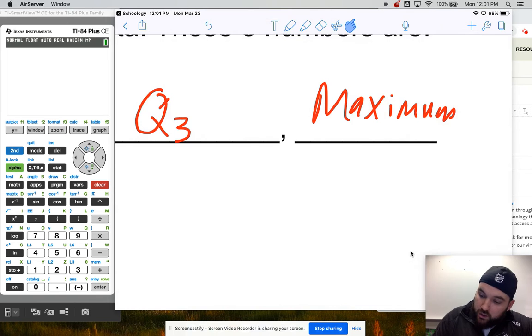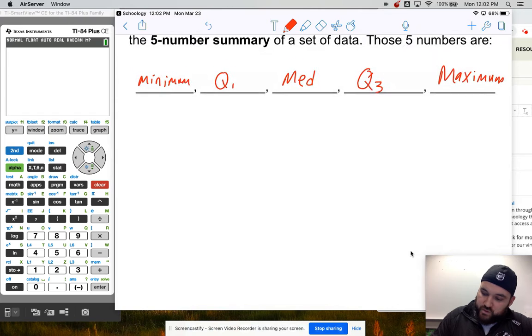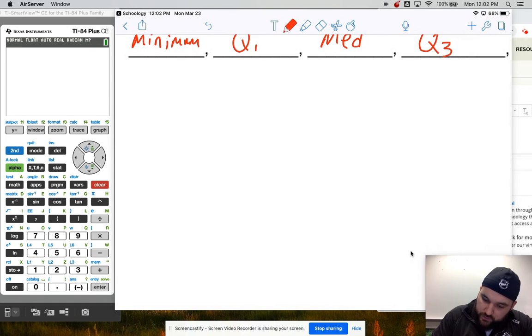Okay. Now, a couple more descriptors that I didn't talk about that you will see quite a bit. Those numbers are helpful, but we want to talk about how spread out this data is. Are the numbers closely grouped together, or is it really far spread out? To measure spread, we have 2 different calculations.